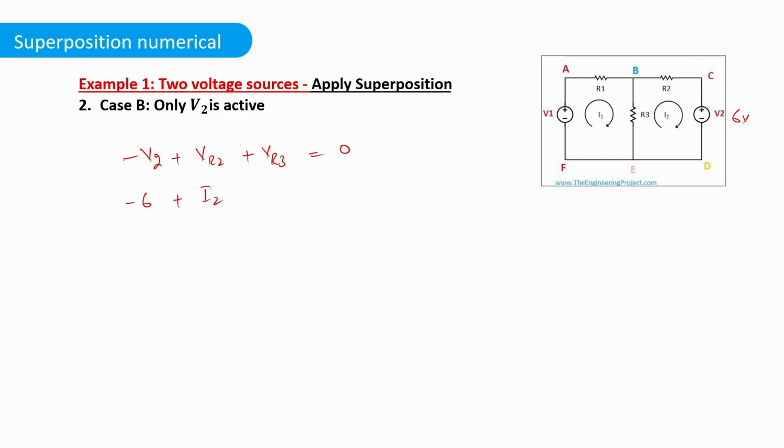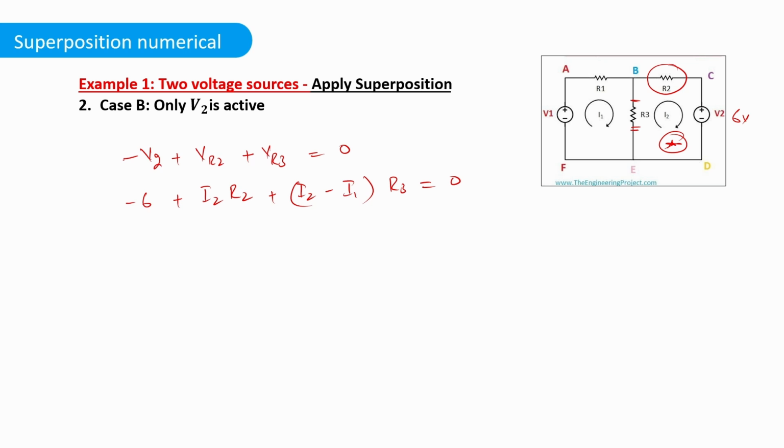This becomes I2 R2 for the voltage across this resistance, and then the voltage across this resistance. But remember, since we are applying KVL in the second loop, the current will be the subtraction I2 minus I1. So (I2 minus I1) times R3 equal to 0.